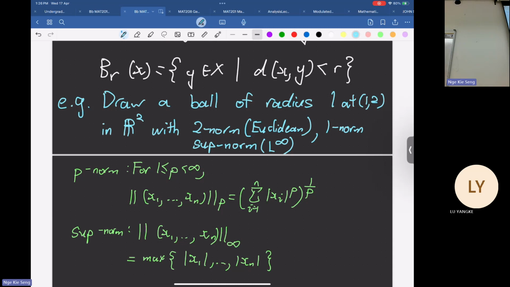Otherwise you simply find the ball. So let's find it at (1, 2), but it should be the same if you just shift the center. Discuss with your neighbor.